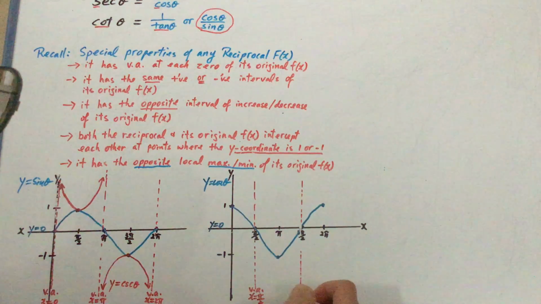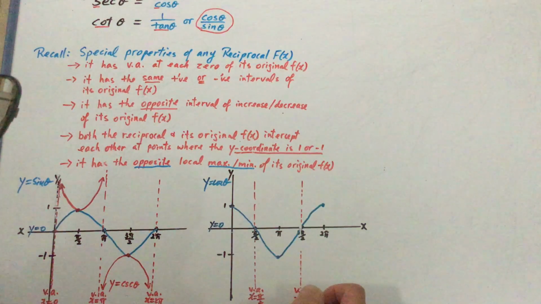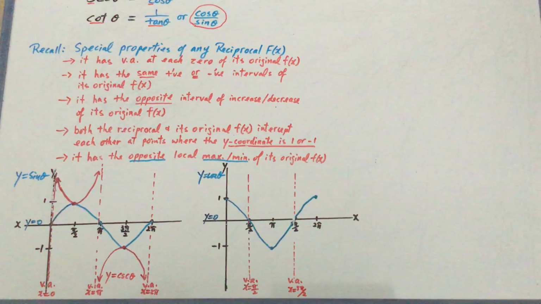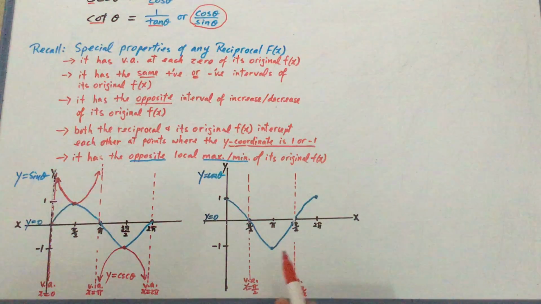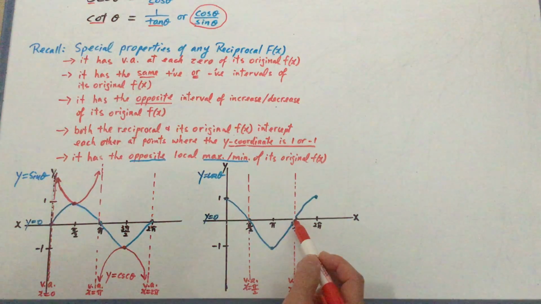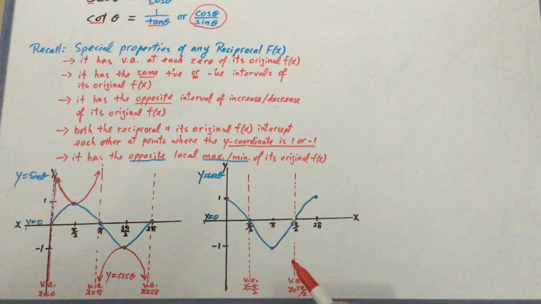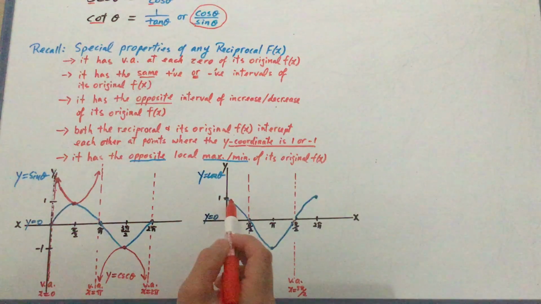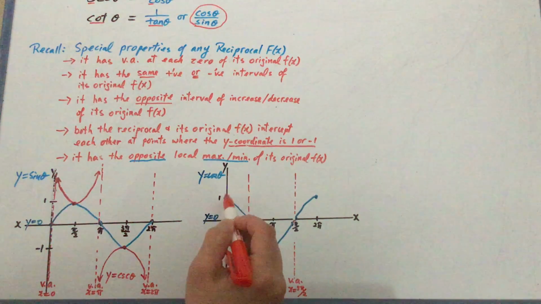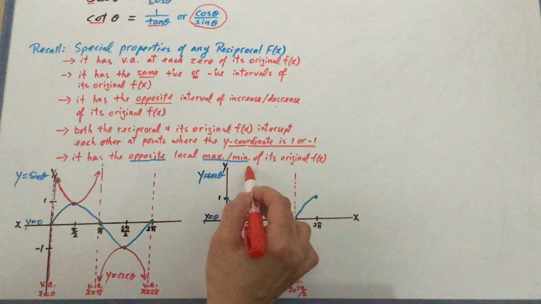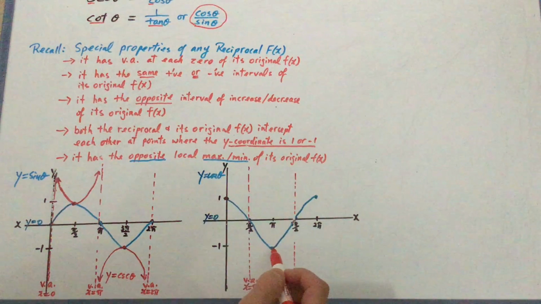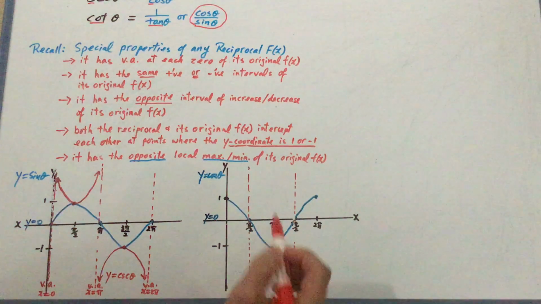So x is equal to 3 pi over 2. Okay? And that's where my second VA is. And so unlike the sine function, I only have 2 zeros here for this cycle. Okay? And then where the y-coordinate of my original has the 1 or the -1 is where the two intercept. So that means my reciprocal will intercept each other at here and also at here as well.